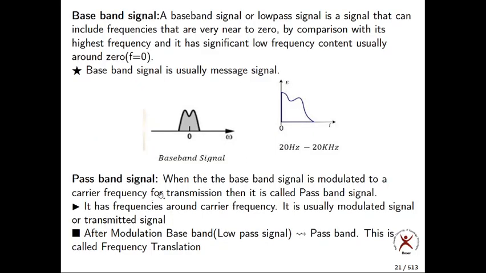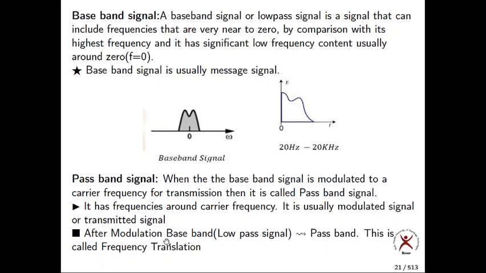So this is the definition of a passband signal. What is a passband signal? It has a frequency centered around the carrier frequency. Usually, if you modulate a signal, as I told you already, a baseband signal will become a passband signal, whose frequency is centered around the carrier frequency FC.